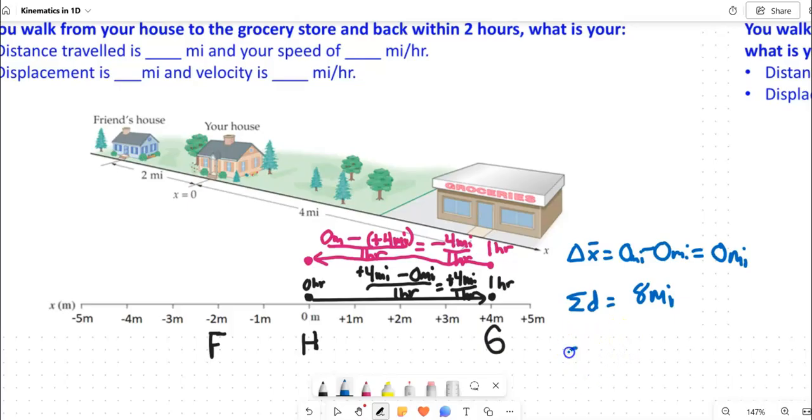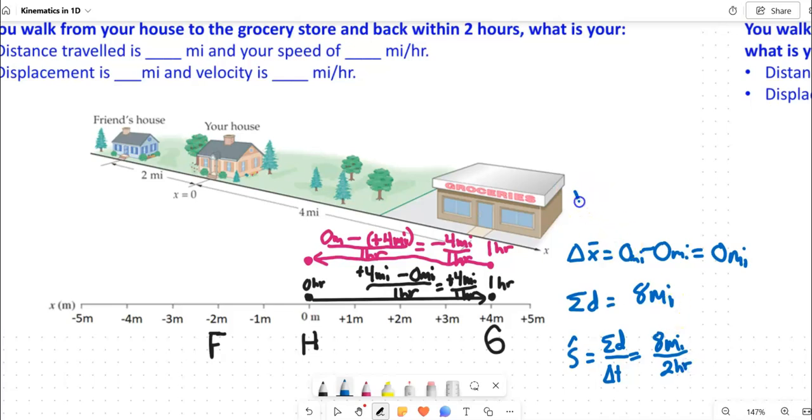And remember, speed is the sum of all your distances over the period of time. So your speed, including shopping, is 8 miles over the period of 2 hours.